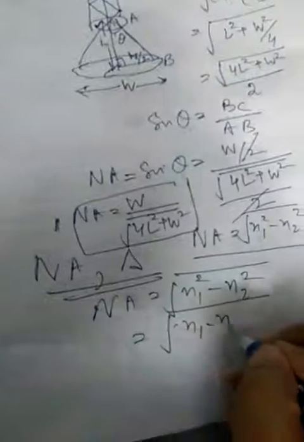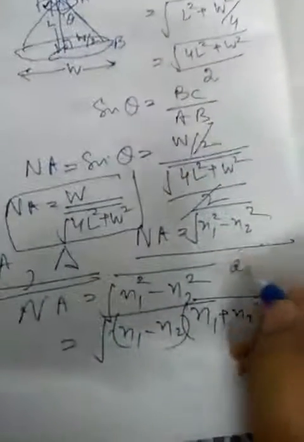So that is equal to under root of n1 minus n2 into n1 plus n2, because we have applied the formula a square minus b square is equal to a minus b into a plus b. So this identity we have applied over here.